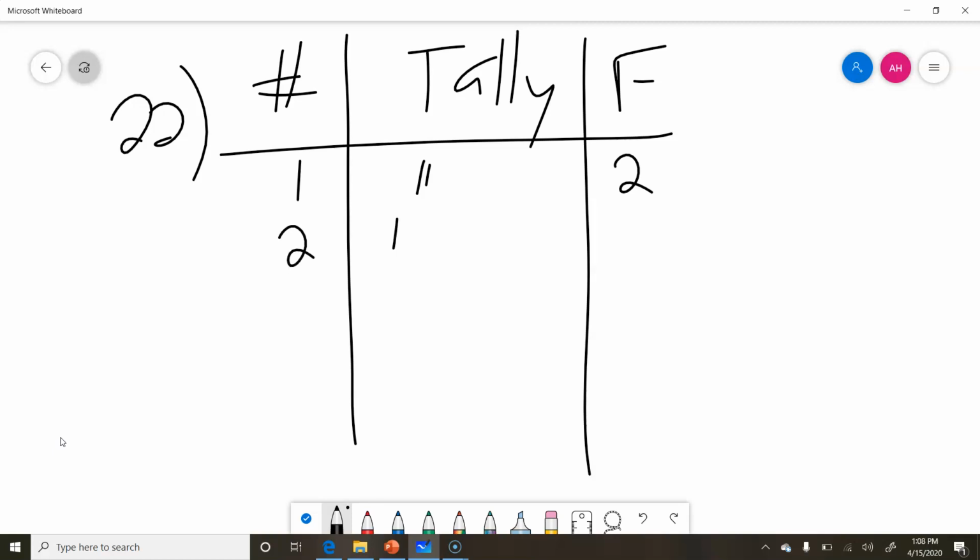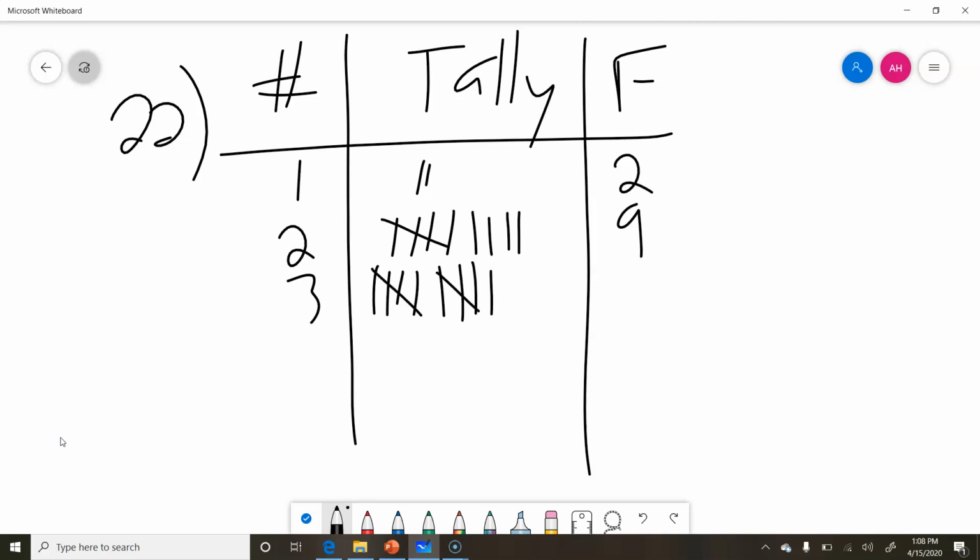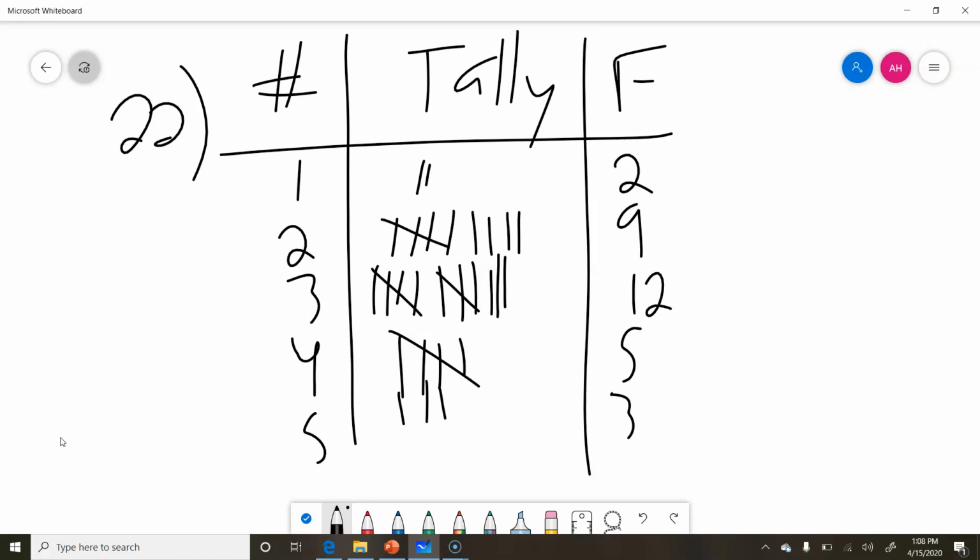For 2, we have 9. For 3, we have 12. For 4, we have 5. For 5, we have 3. And number of families with 6 kids, we only have 1. Okay, 1 family with 6 kids.